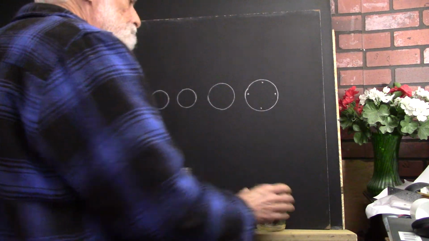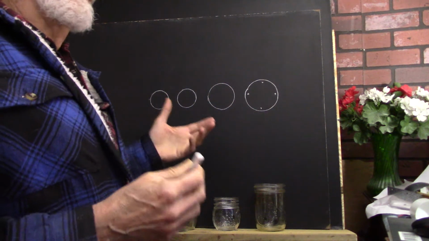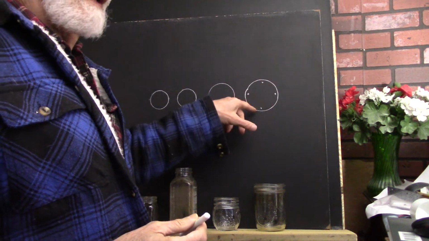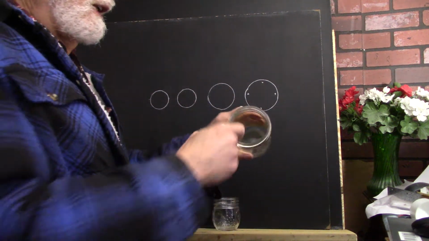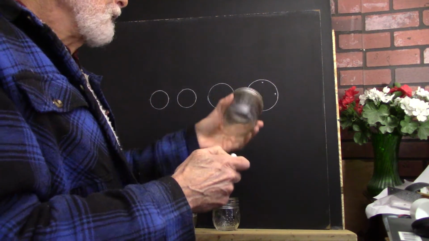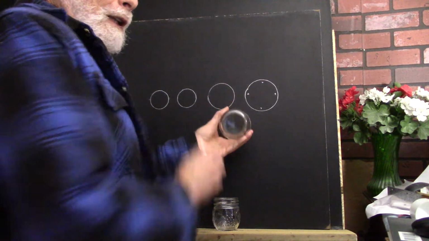Also, it's very difficult to know exactly what this ratio would be because we really need the inside diameter of the jars, and it's real hard to get inside the jar when you have it up against the board like this.